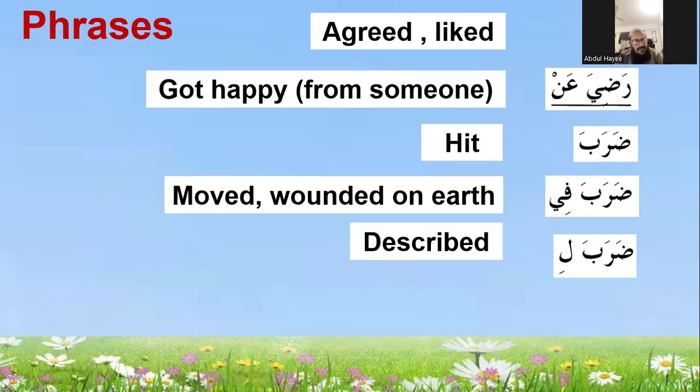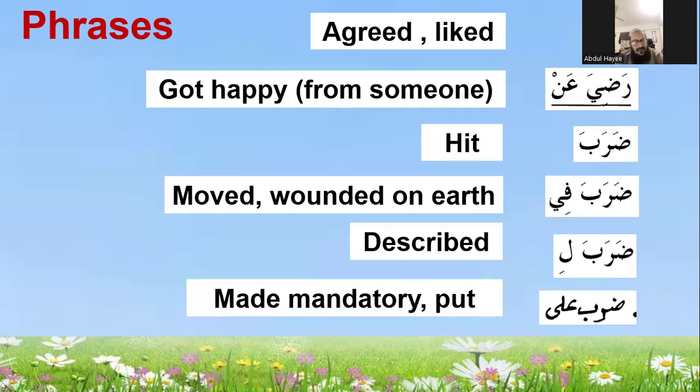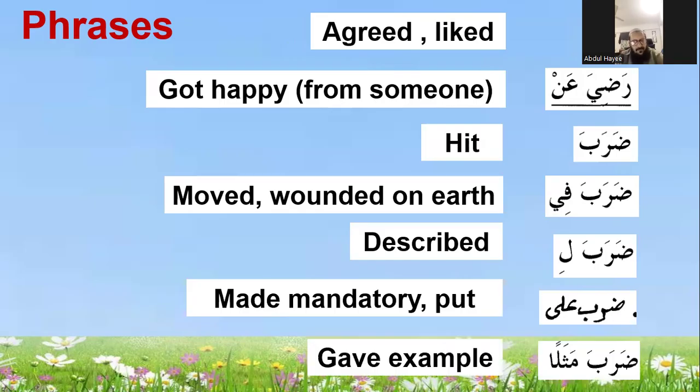Daraba li means described. Daraba ala, made mandatory, put something. Daraba masal, give example. Look, fi, li, ala, masalan, coming with daraba change the meaning because they are phrases.